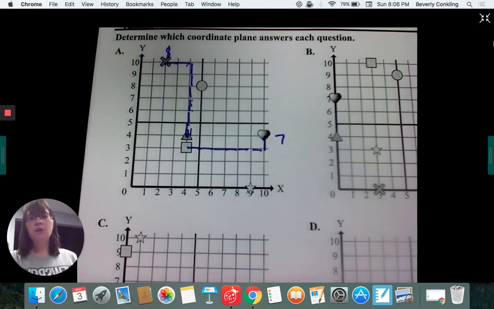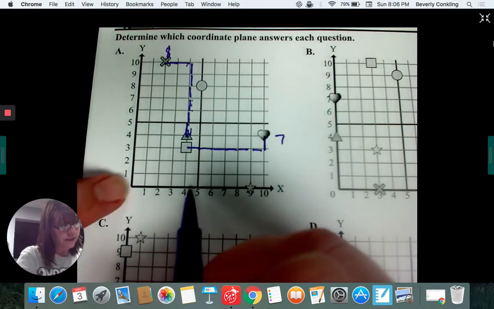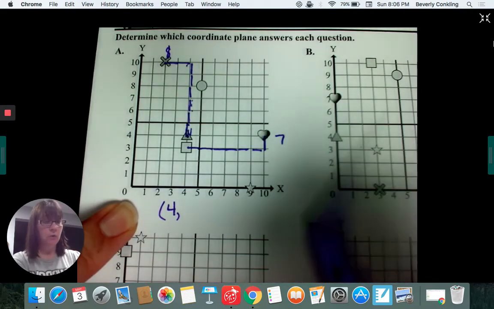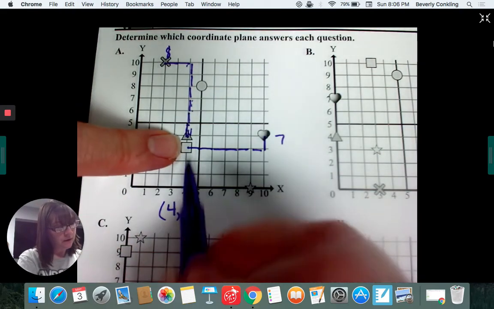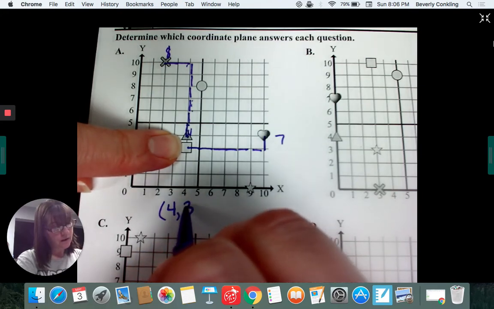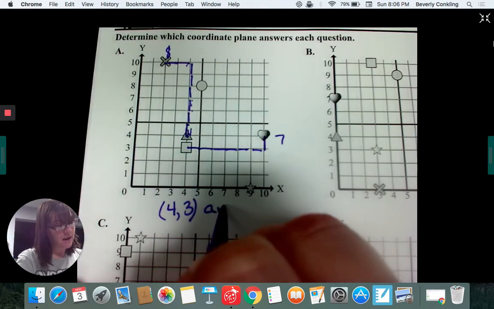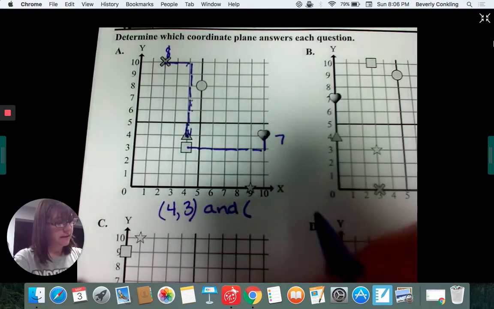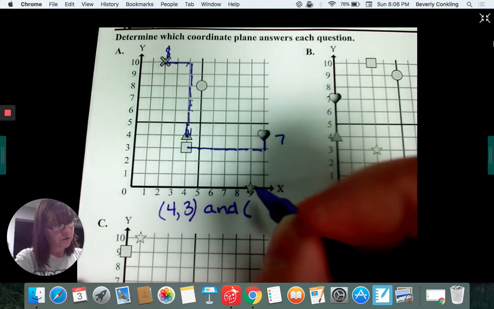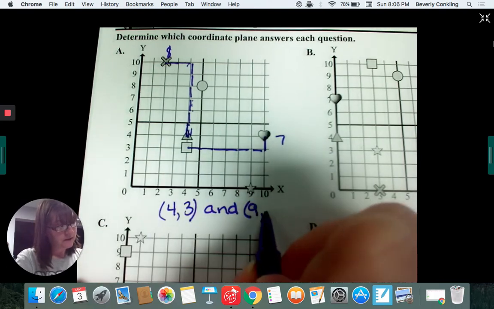If I wanted to know the difference in distance between 4, this is where you might need to know your coordinates, 4, and the square's at 3, 4, 3, and let's say I'm going to do the star down here, which is at 9, 0.